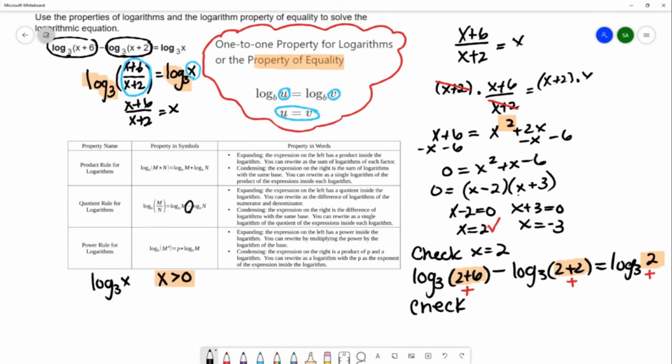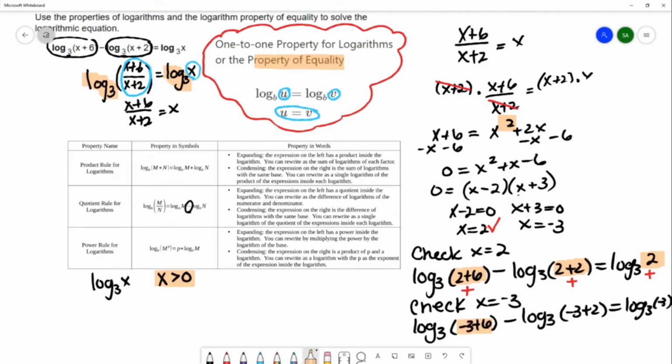We'll do the same thing for x equals negative 3. So we're going to check x equals negative 3, and that gives log base 3 of negative 3 plus 6, minus log base 3 of negative 3 plus 2, equals log base 3 of negative 3. I'm checking each expression inside the log. The first one, negative 3 plus 6, is a positive 3.